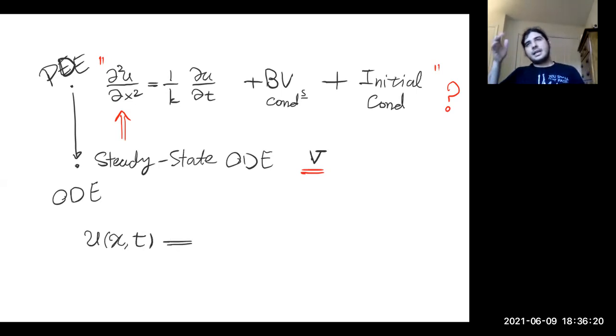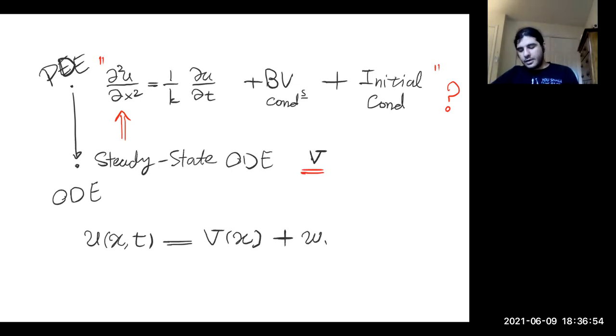Now this function, as t goes to infinity, goes closer and closer to v, right? So this function u is almost equal to v. It converges to v, but it's not exactly equal to it. There are some other parts which depend on time, right? Let's show that with w of x and t.